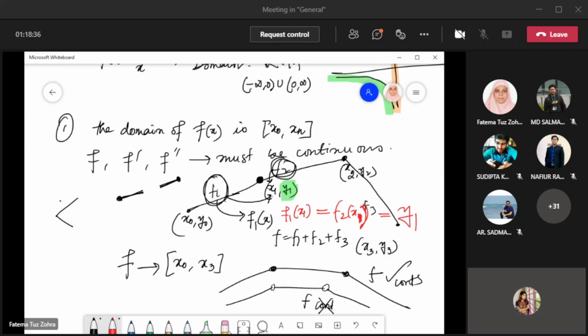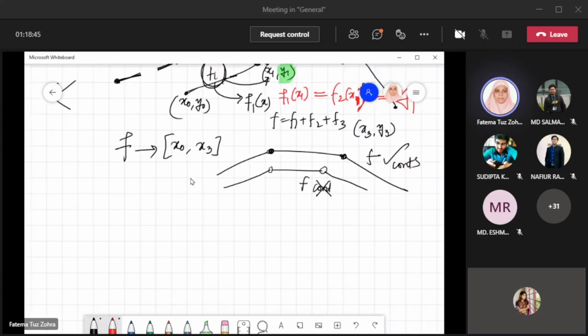So literally the conditions are, the first condition is the domain of f(x). The definition is f(x) equals f1(x), f2(x), and in that way you can have many pieces of functions, up to f(n-1)(x).